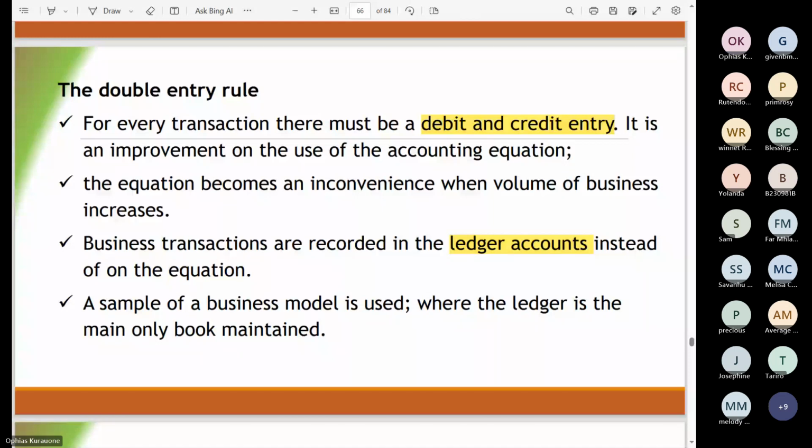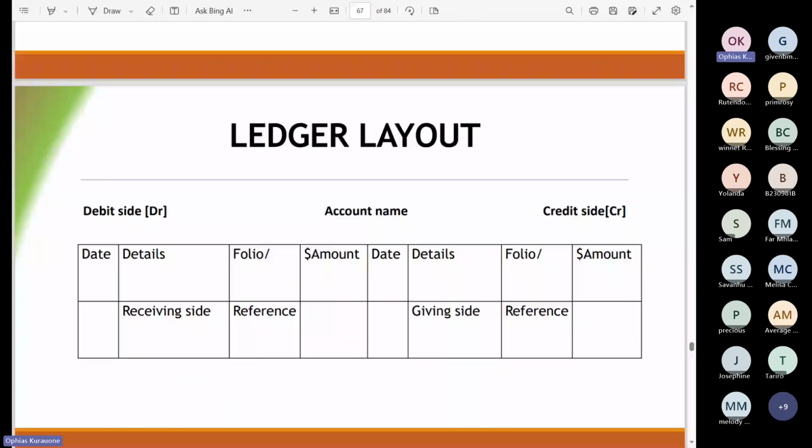Ledger layout here: they've got date, details, folio, amount. This one is on the debit side, on our left, then the credit on our right.